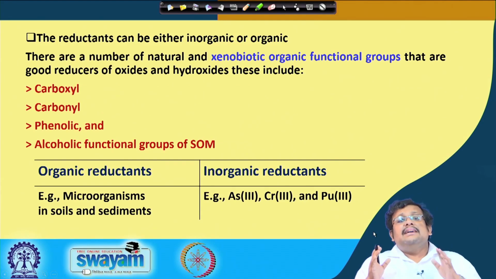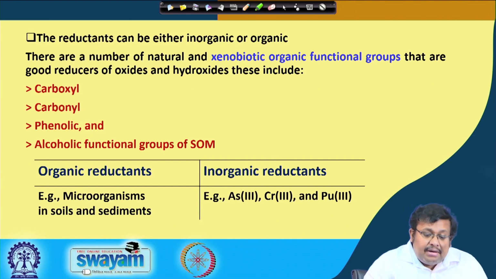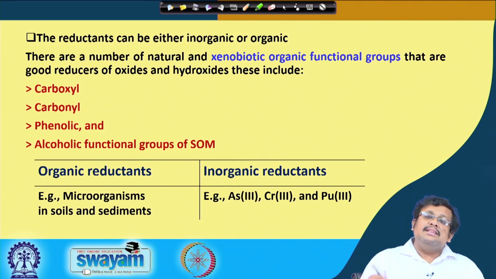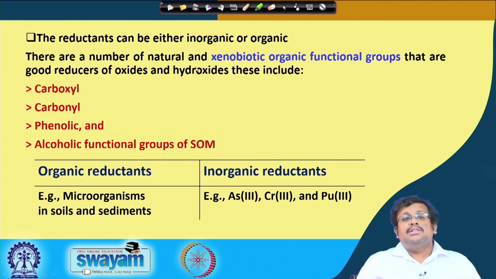Now, these reductants can be either inorganic or organic in nature. There are a number of natural and xenobiotic organic functional groups. The xenobiotics means synthetic organic groups. So, natural or synthetic organic groups are also good reducers of oxides and hydroxides, and they include carboxyl group, carbonyl group, phenolic group and alcoholic functional group of soil organic matter.